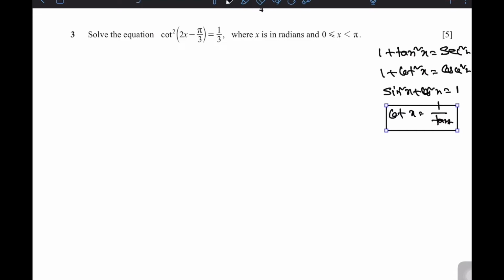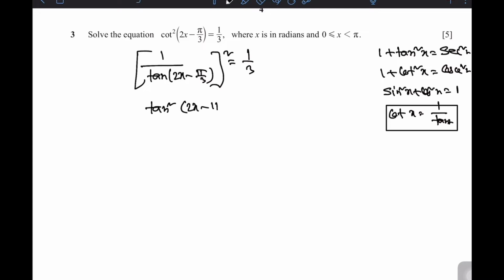We can write here 1 by tan (2x minus pi by 3), whole squared, equals 1 by 3, and then let us distribute the square. So tan squared (2x minus pi by 3) equals 3.